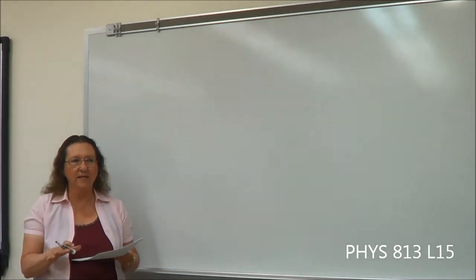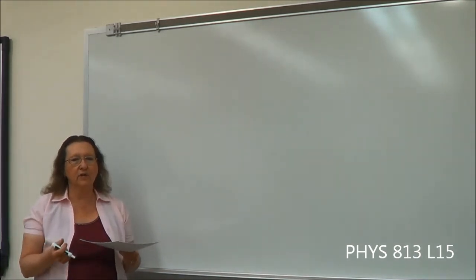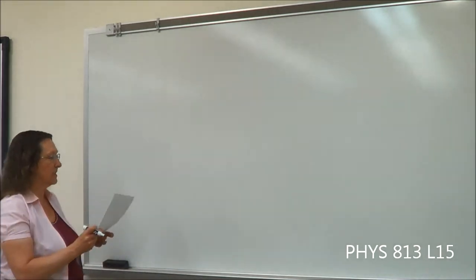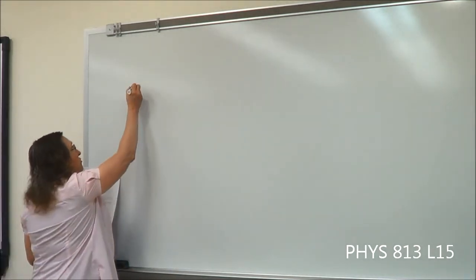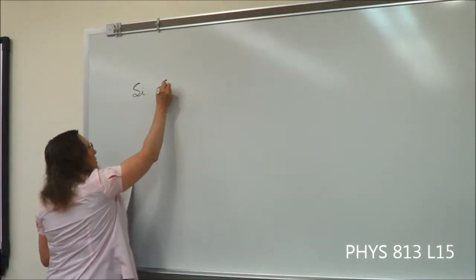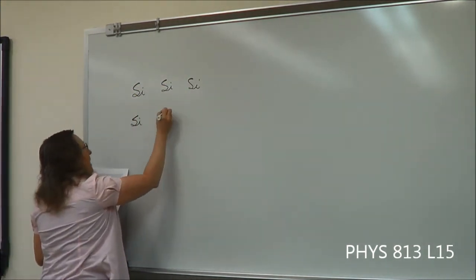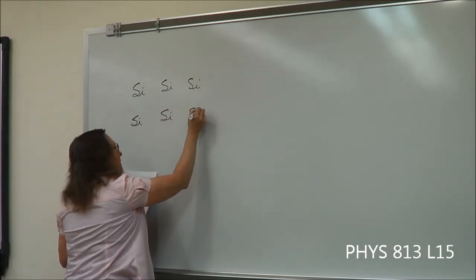So it's not flat, but it's very difficult to draw that, so we are going to draw them on our flat surface here. So we're going to draw silicon. We're going to draw 9 of them. So we have a 3 by 3.